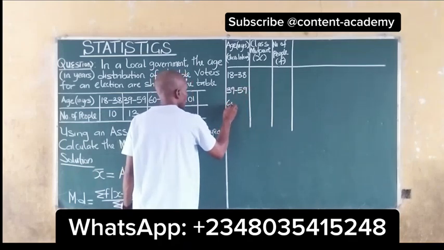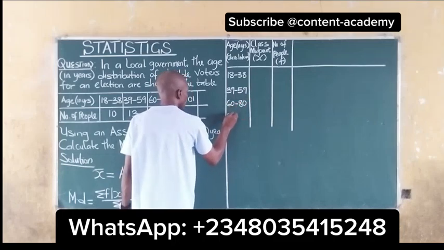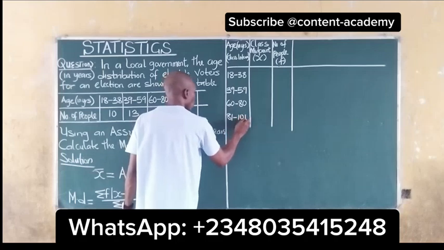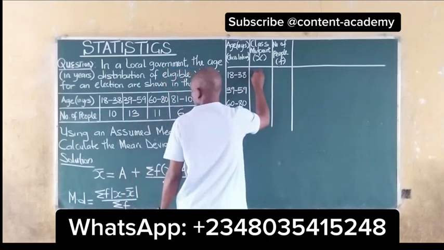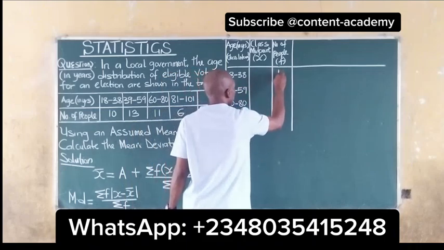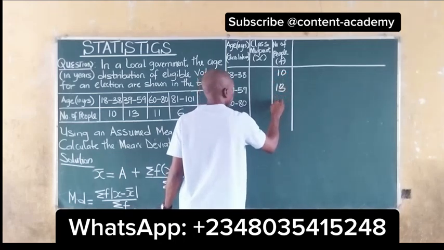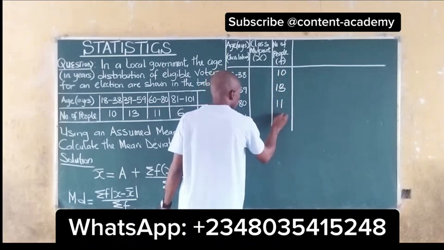The next ones are 60 to 80 and 81 to 101. Here we have our f values: 10, 13, 11, and 6.